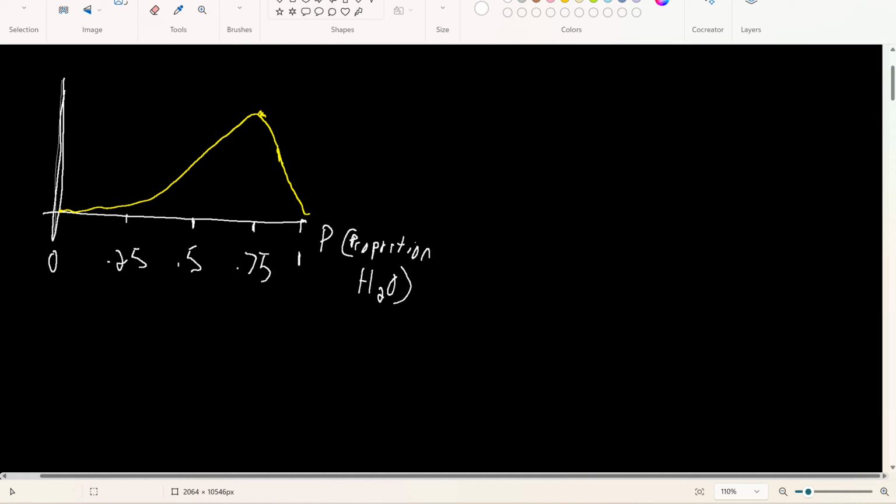Okay. So in questions 3E1 through 3E3, we're given a value of p, the proportion of water, and let's say that it's 0.2, so let's say about here, and it asks, well, how much of the probability distribution is below that? And so it's asking for all of this here.